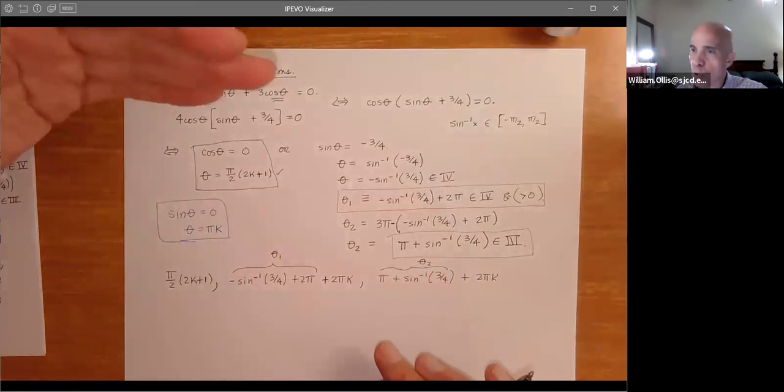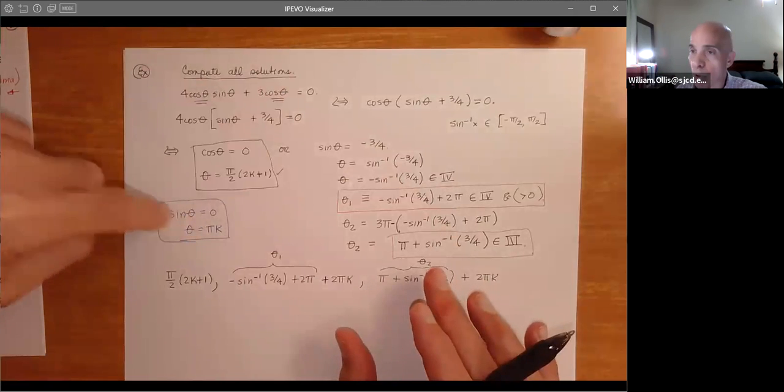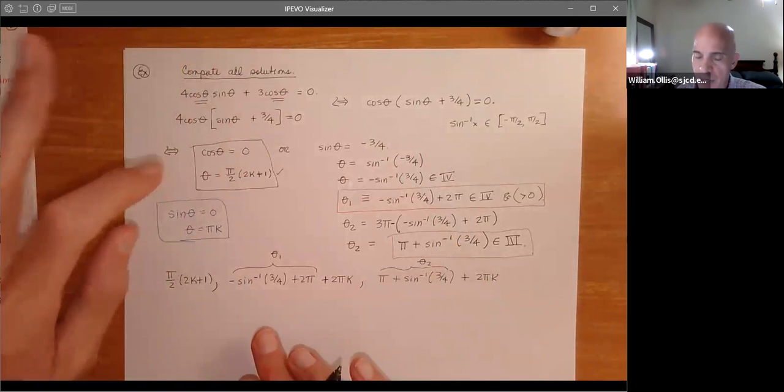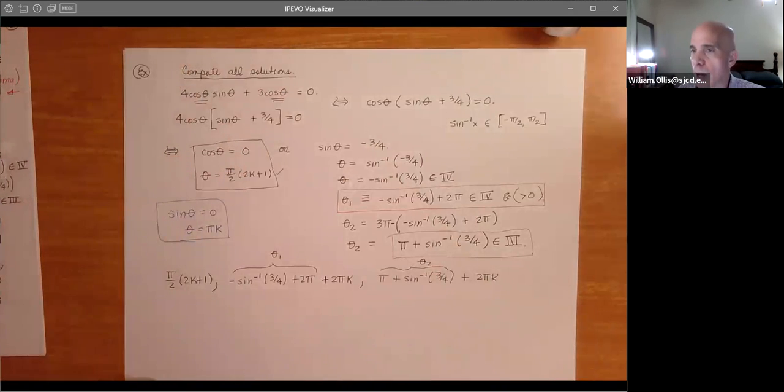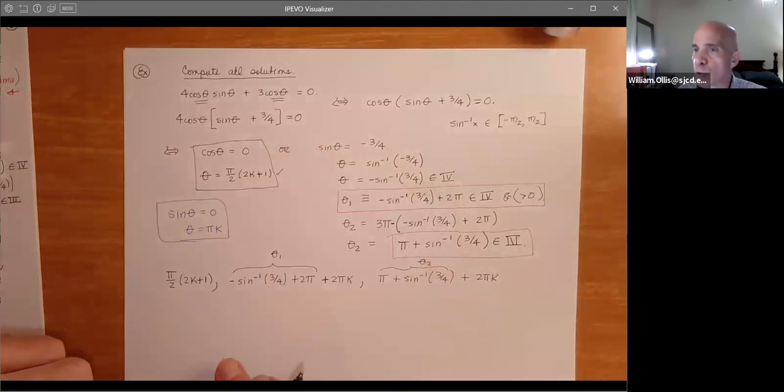Or if you just want 0 to 2 pi, pi over 2, 3 pi over 2, or 0 and pi. That's it. So this should never be an issue for you. Again, this is what we call a fundamental concept, Professor Ron's lemma, a fundamental concept.